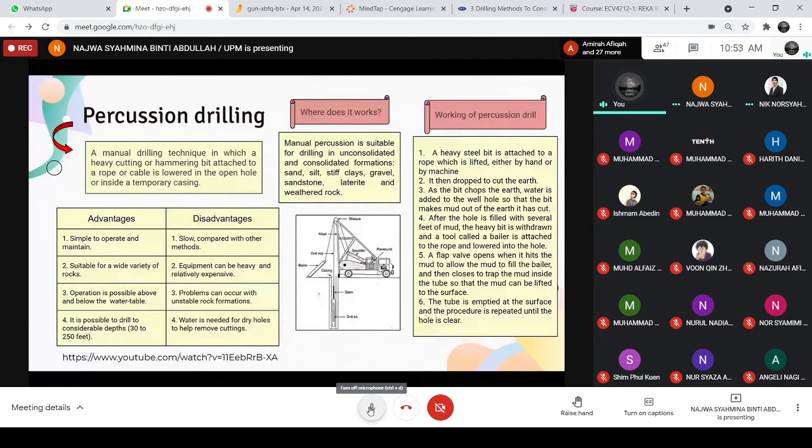We want to know about your friends' presentation after this. This part is only to make sure that you have the borehole. What you saw earlier was just water, because it is chopping down the earth, isn't it, Najwa?